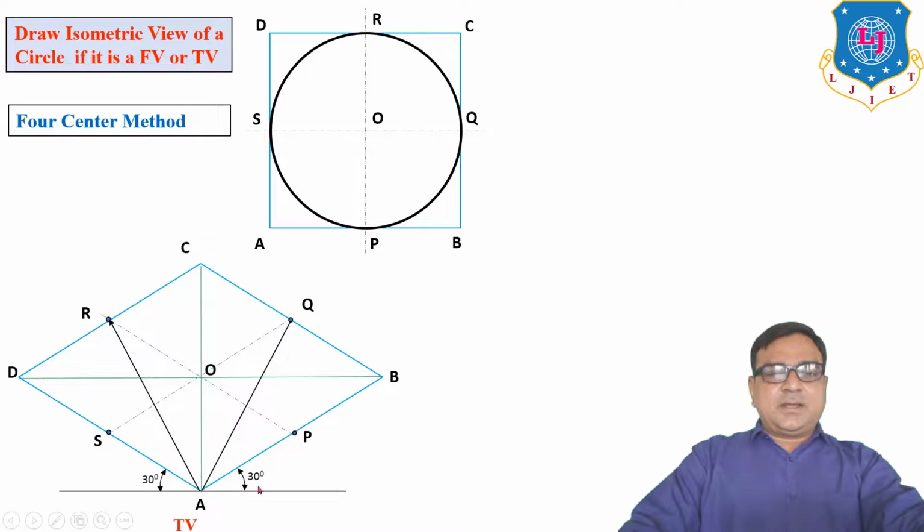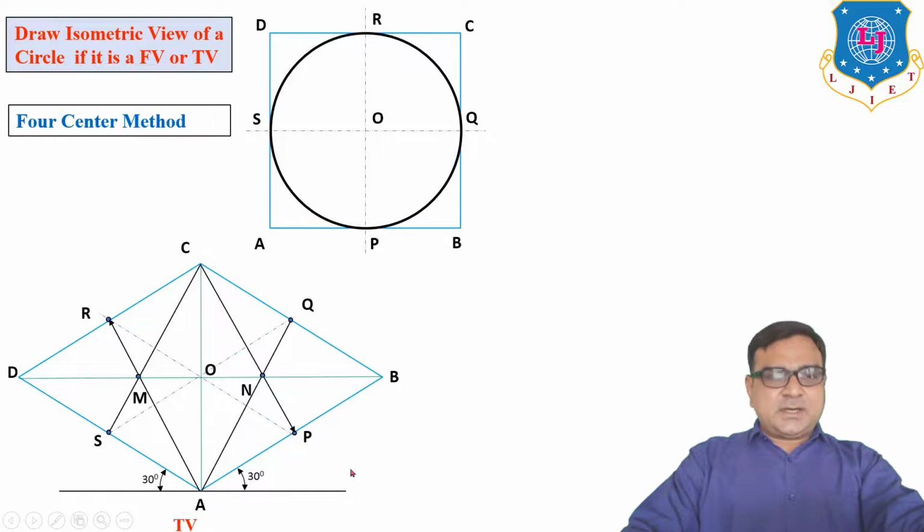Now take C to S and C to P. Now the intersection of CS and PD is M, and CP and DB is N. Actually the name of the method is the four center method, so we have to draw four arcs by taking four different centers.